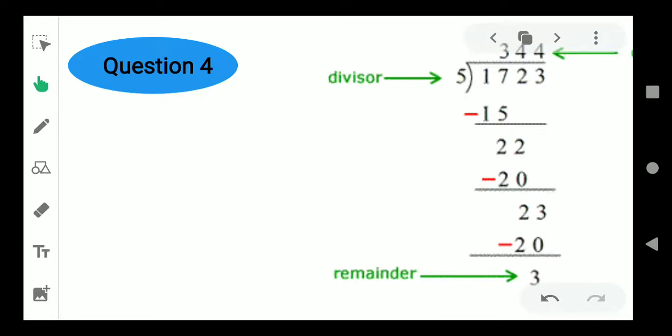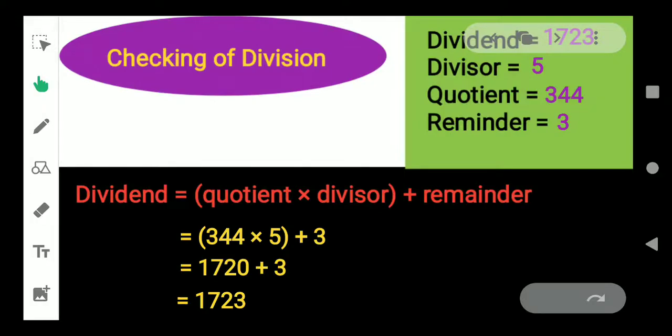Now let's check the division. Dividend is equal to 1723. Divisor is equal to 5. Quotient is equal to 344. Remainder is equal to 3.